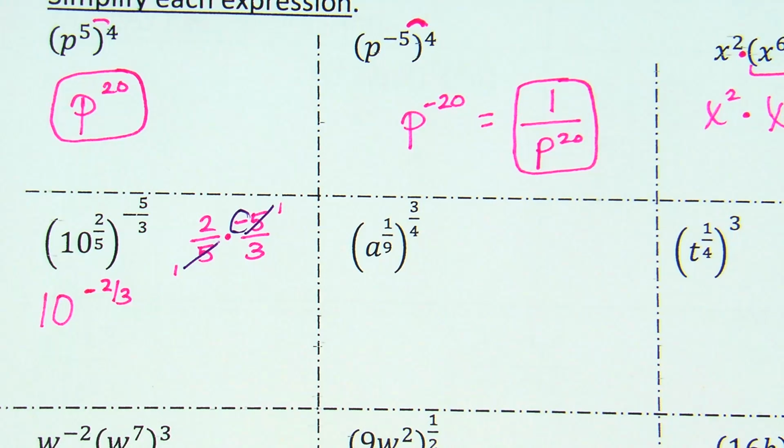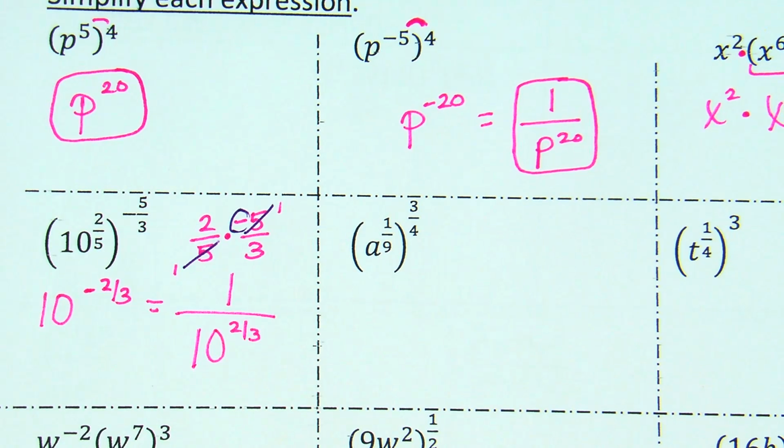So at that point, we're at 10 to the negative 2/3. One more step. How do we get rid of that negative exponent? Move it to the bottom, so it's going to become 1 over 10 to the 2/3. It becomes positive when we move it down there, right? We can't take any root of 10, so we're done.